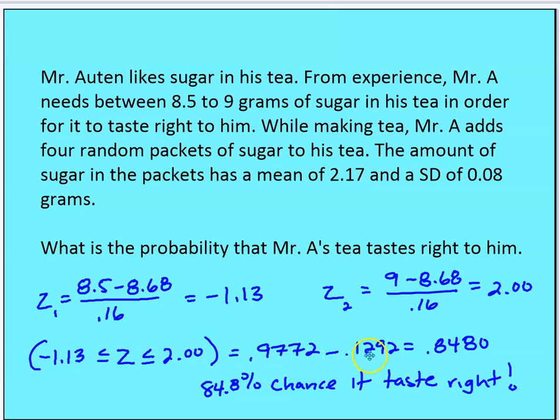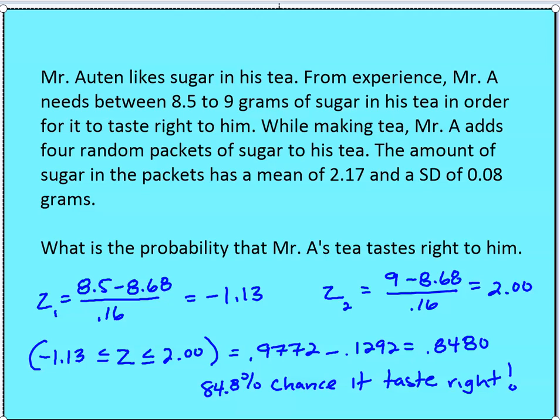I find that 12.92% of the normal distribution curve lies to the left of negative 1.13 standard deviations, and 97.72% lie below 2 standard deviations. So the difference is what's in the middle of the curve. That's an 84.8% chance that it will taste right to Mr. Otten.